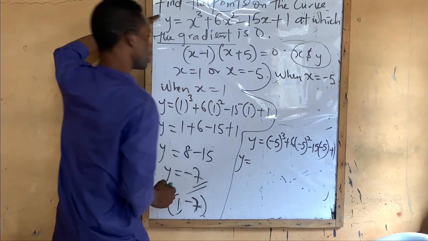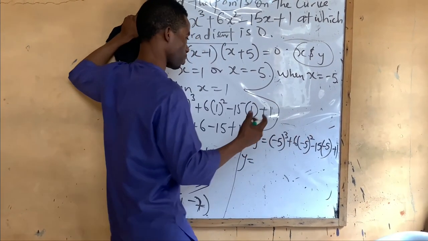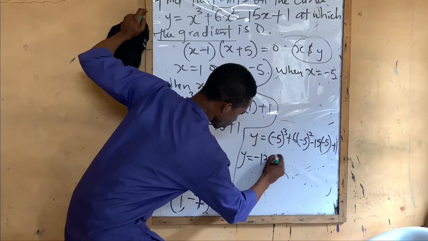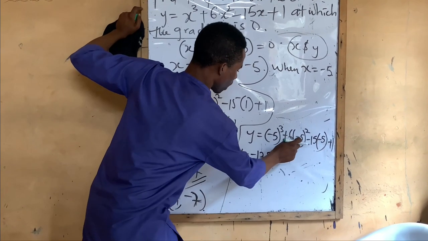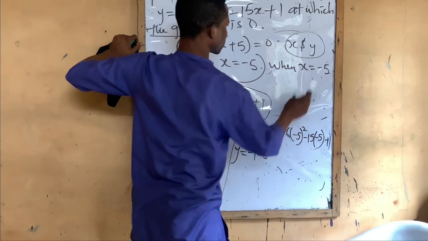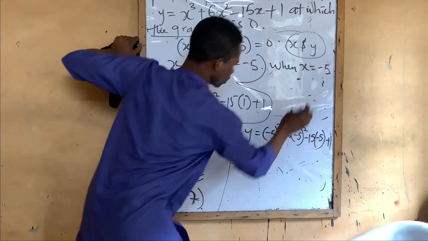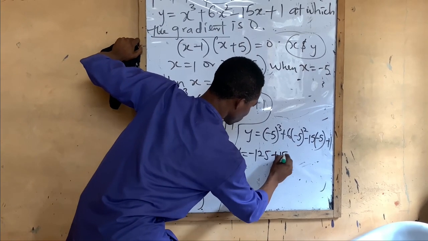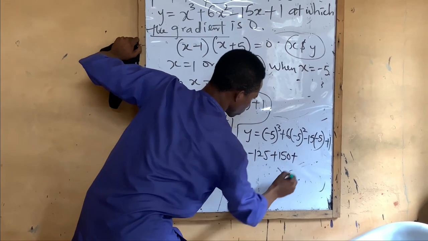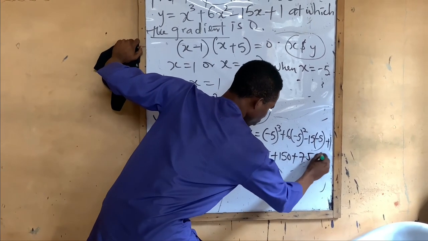Minus 5 raised to power 3, that will be 5 times 5, 25, in fact that is minus 125. Plus, minus 5 raised to power 2 is 25, and 25 times 6, 5 times 6, 30, 150. So that will be plus 150. Minus and minus, plus 15 times 5, that is 75 plus 1.